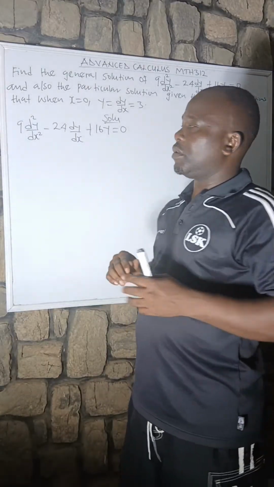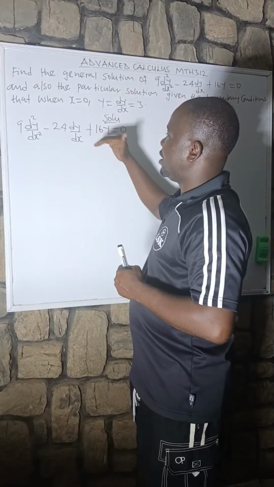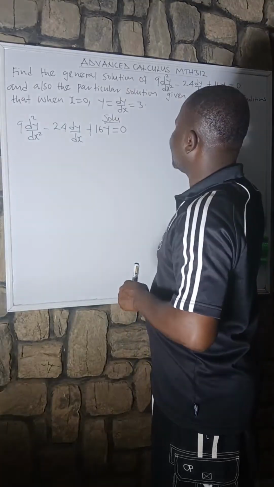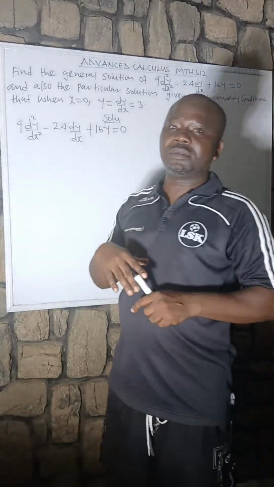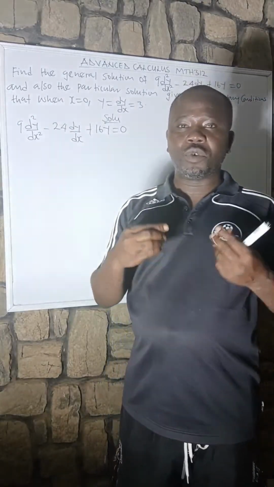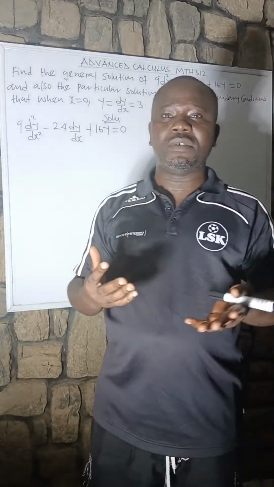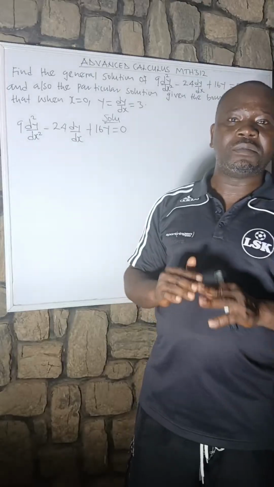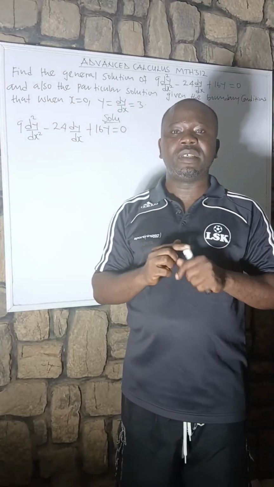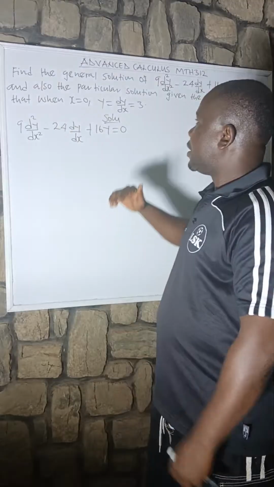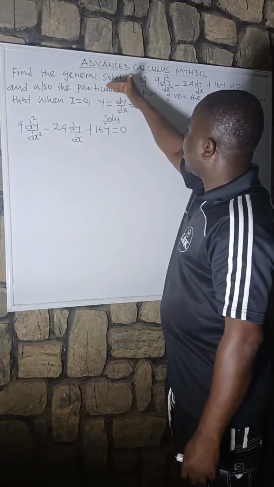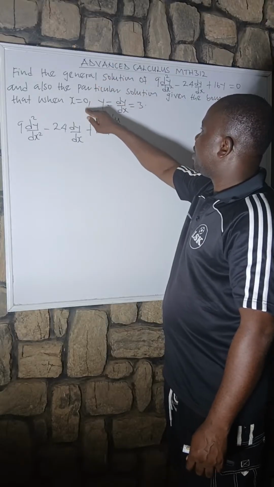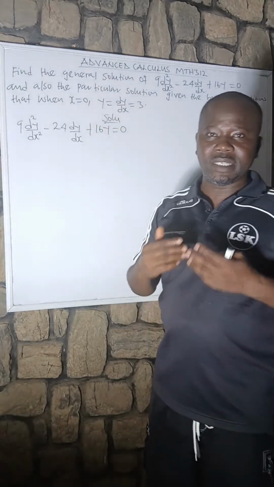First, when you come across second order differential equations of this form with boundary conditions, the boundary conditions will make you obtain the particular solution. If boundary conditions are not given, there is no need for a particular solution. The particular solution should be obtained when boundary conditions are given.